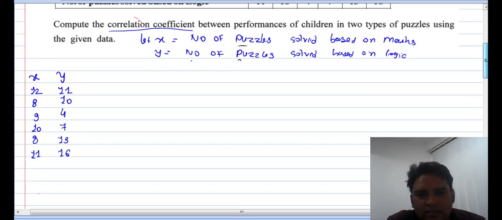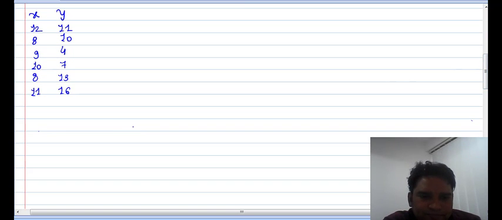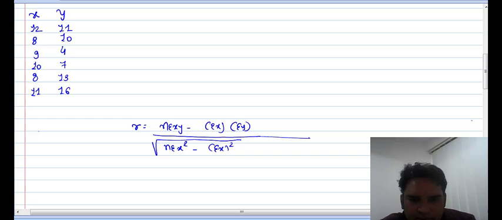Right? Now these values are small, so which formula will we use? This one: n sigma xy minus sigma x sigma y, upon square root of n sigma x square minus sigma x whole square, into square root of n sigma y square minus sigma y whole square.